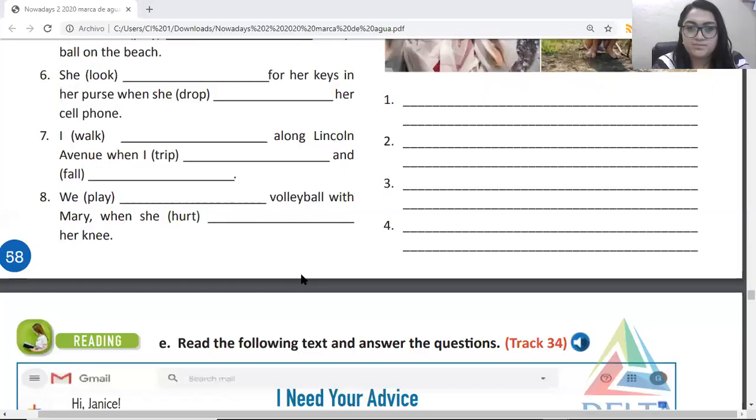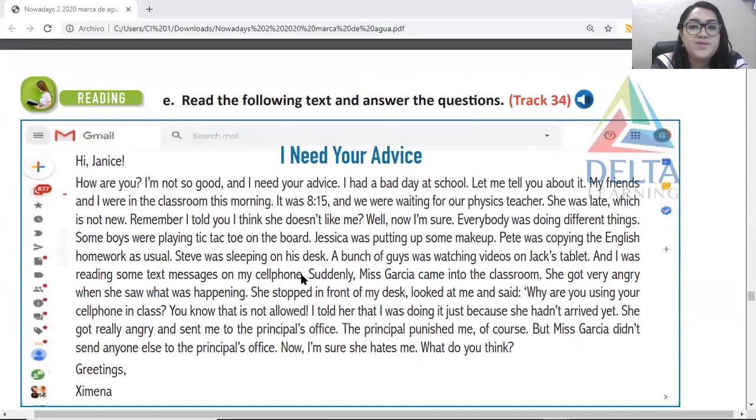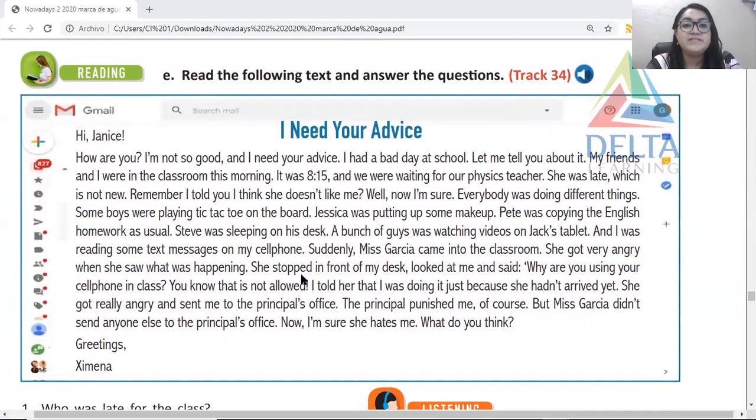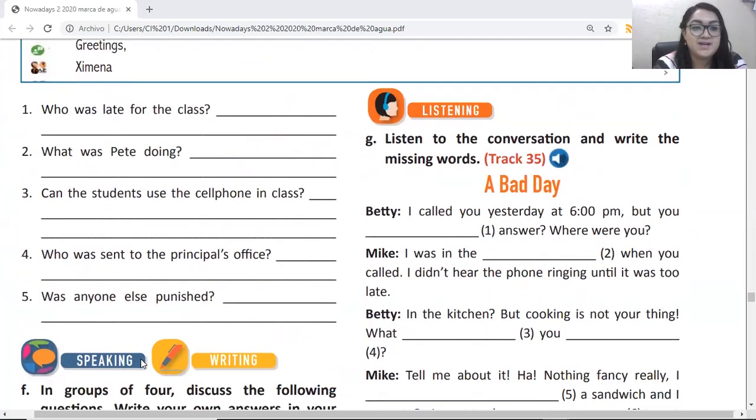Then we are going to check the next page. Page 59. Read the following text and answer the questions with the track 34. We are going to check your answers.